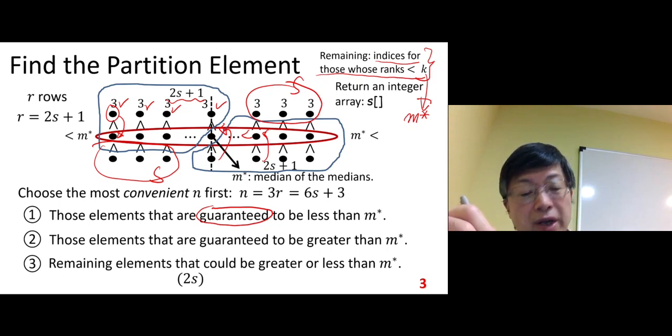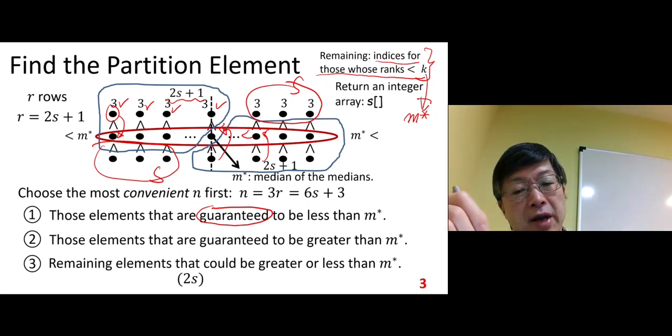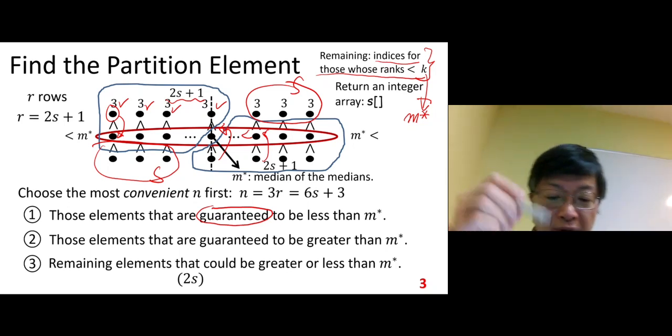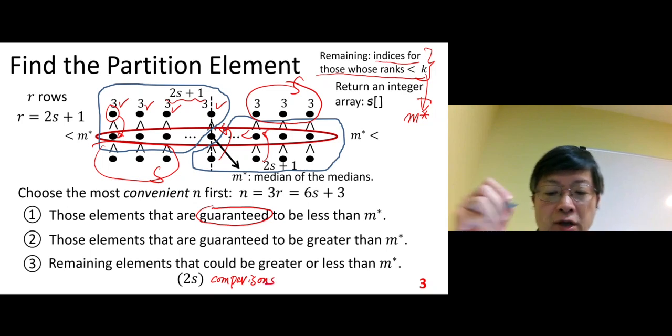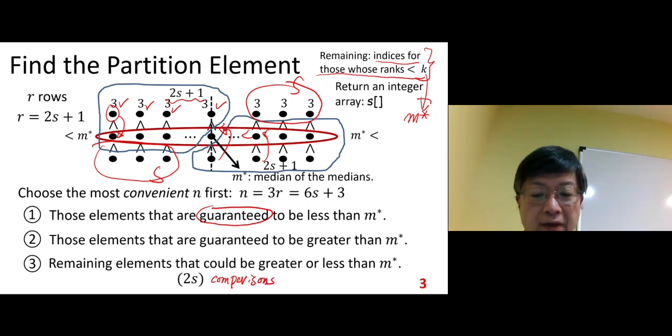But how do we determine which elements are less than M star and which are greater than M star? We can do more comparisons. We do 2s comparisons, and we can get that information.